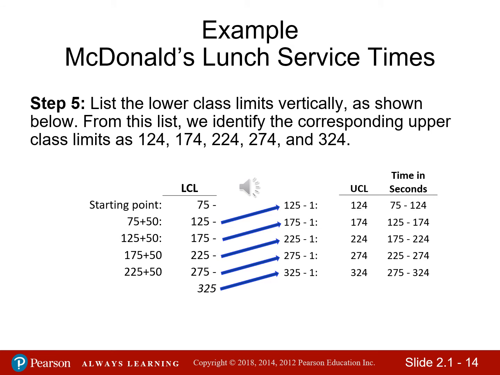So our sixth lower class limit would be 275 plus 50 equals 325. And so our fifth upper class limit would be 325 minus 1, which is 324. So for this example, our 5 classes are 75 seconds to 124 seconds, 125 seconds to 174 seconds, 175 seconds to 224 seconds, 225 seconds to 274 seconds, and 275 seconds to 324 seconds.